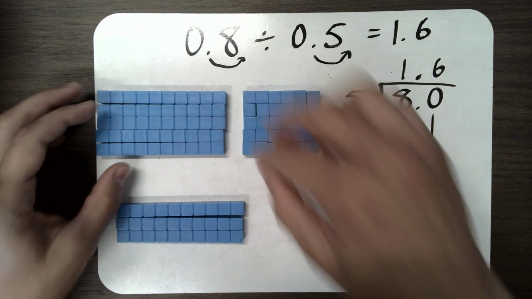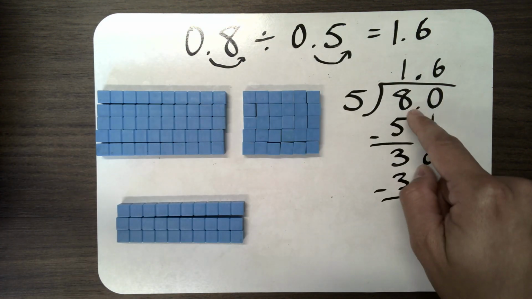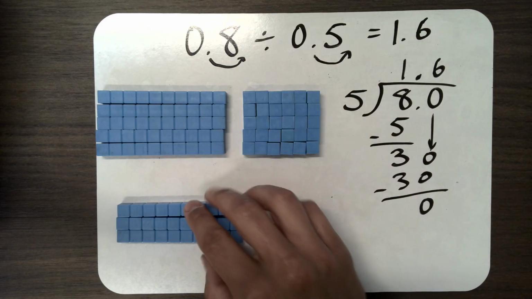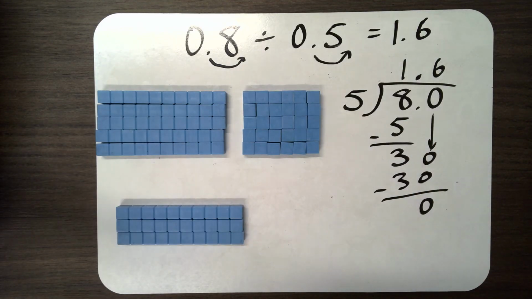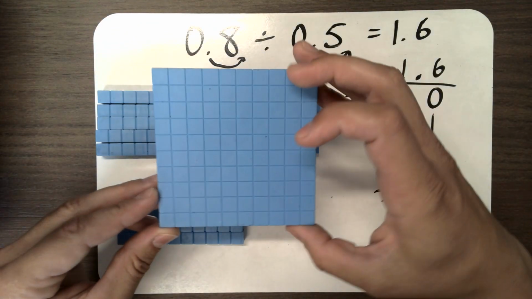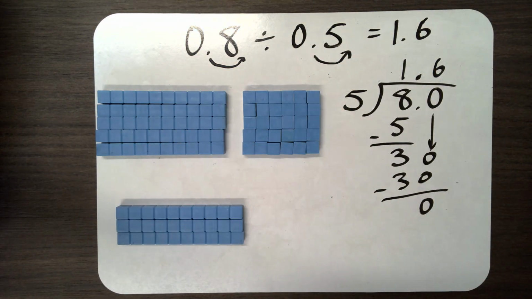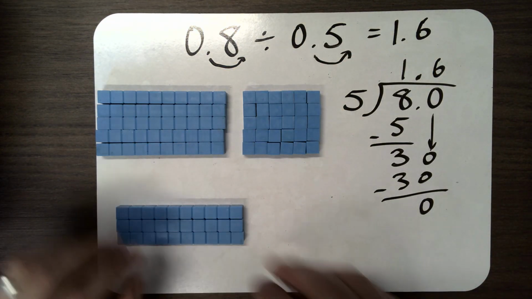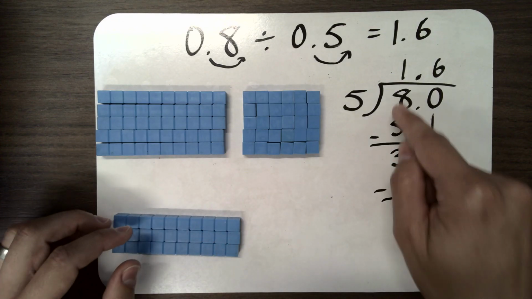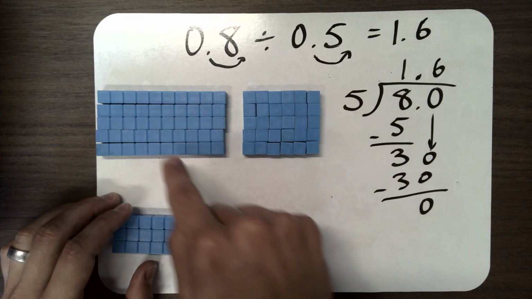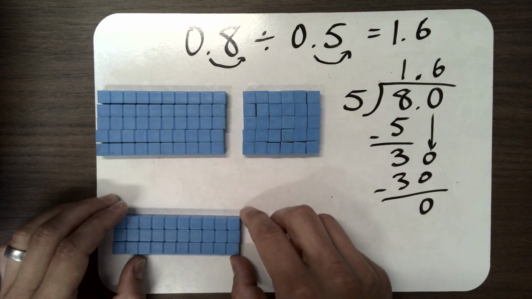Okay. So why we're able to also think of this as 8 divided by 5, right? This model was working off the assumption that this unit is equal to 1. So these are all tenths and these are all hundredths. What we did in our algorithm is we switched the labels. We just changed the labels.